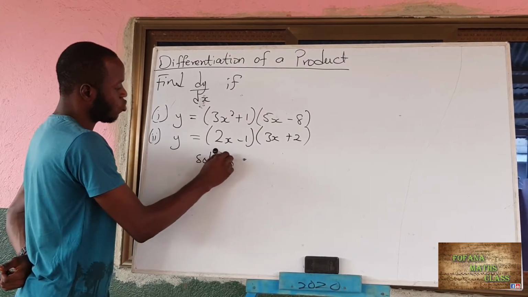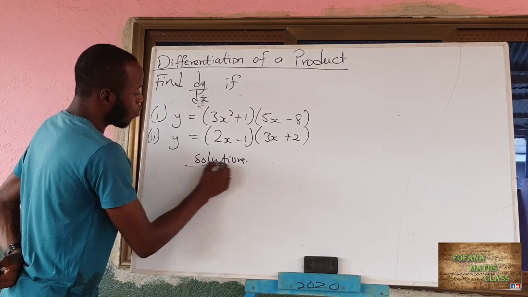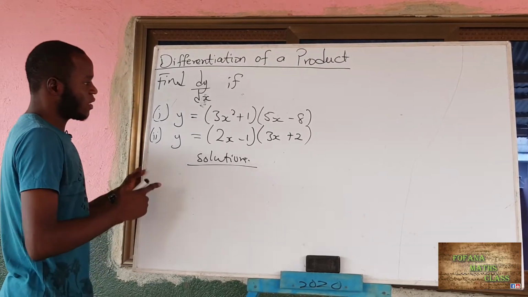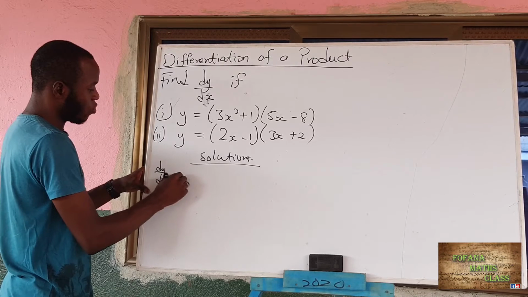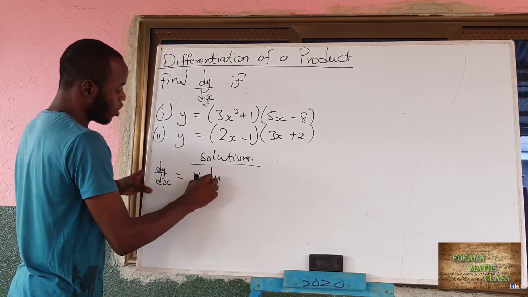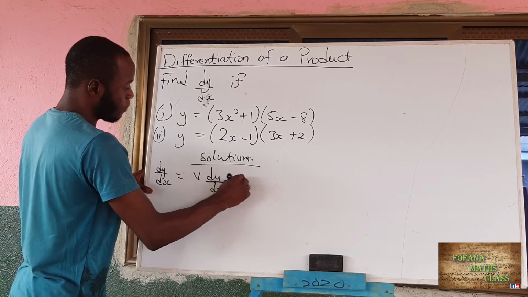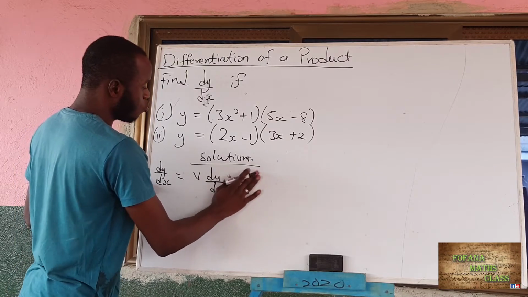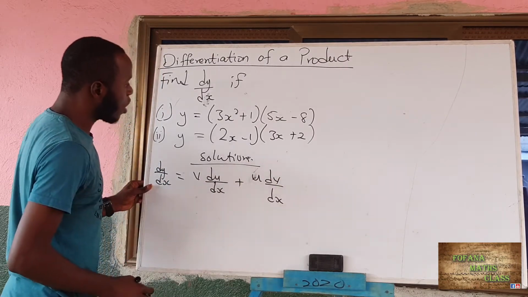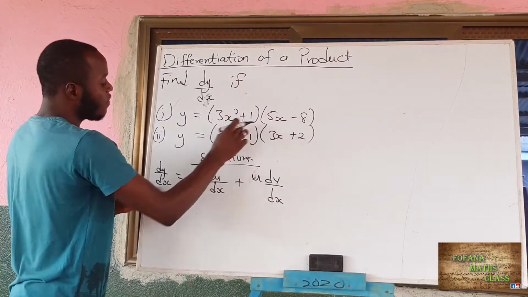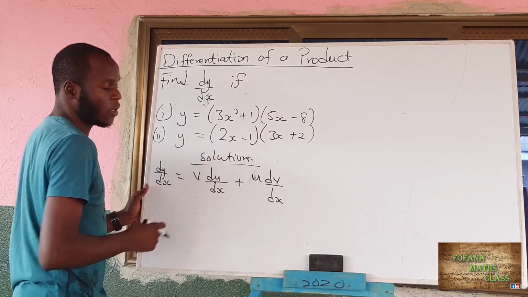Let's look at the solution. With the first one, we know that the formula is dy/dx equals v du/dx plus u dv/dx. So the first thing that you have to do is to let v and u be each of the expressions.